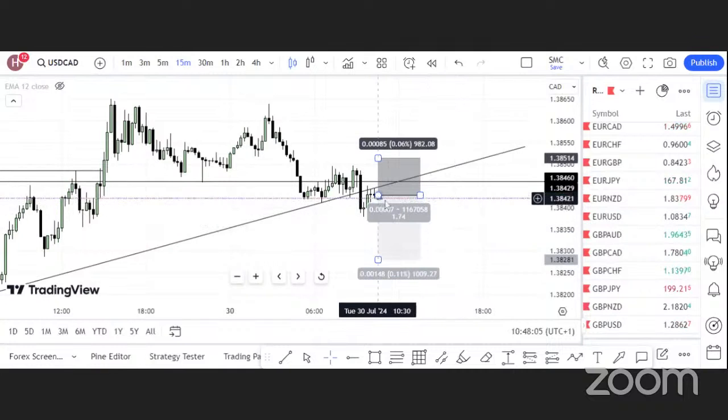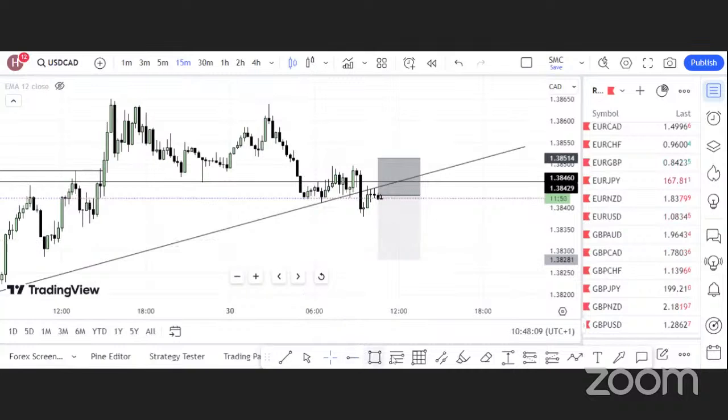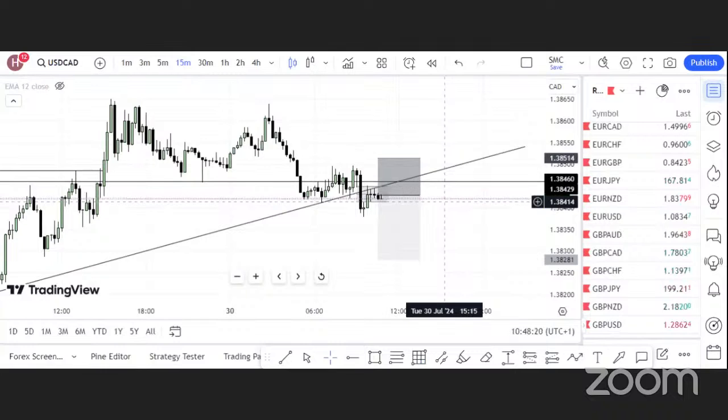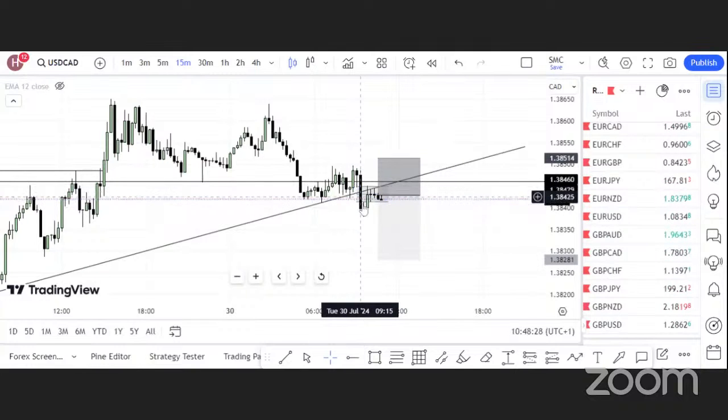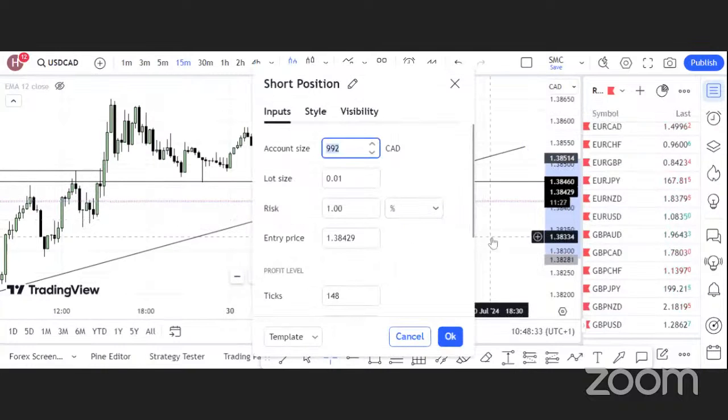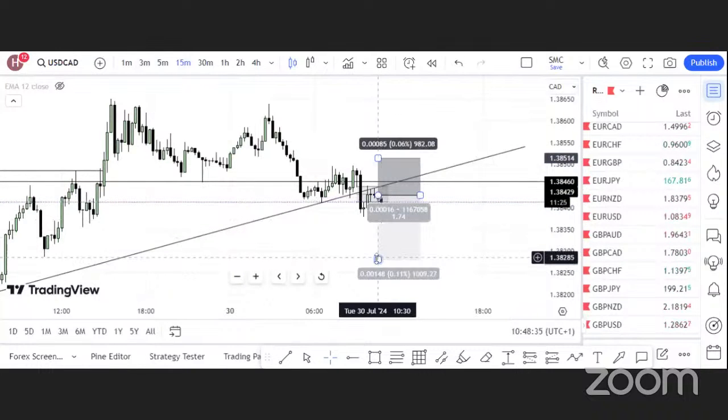All right, so we have another rejection. So after the breakout, we had a rejection. Okay, we had a rejection, and this looks as if the market broke out, made a retest, and now we should be expecting a sell.